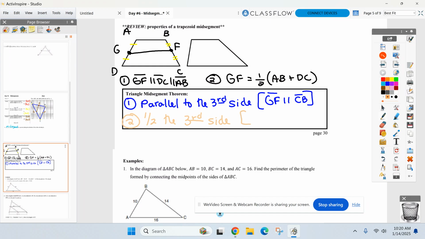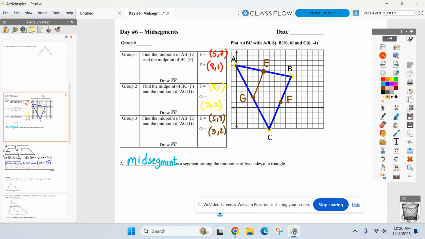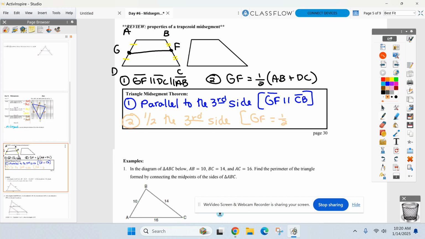So you tell me, GE, we called that GE, should be half of what side? Half of CB, BC. Yep. So that is a midsegment of a triangle. It connects the midpoints, and it's half the length of the third side.